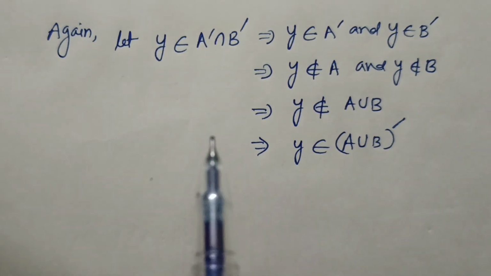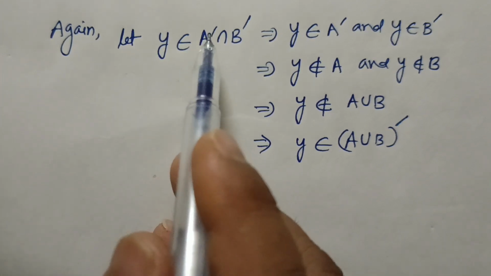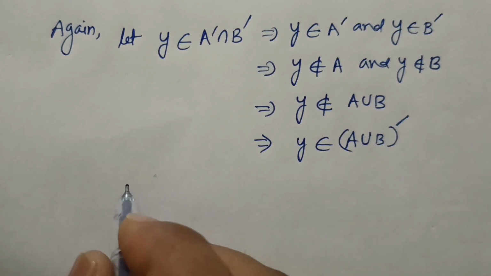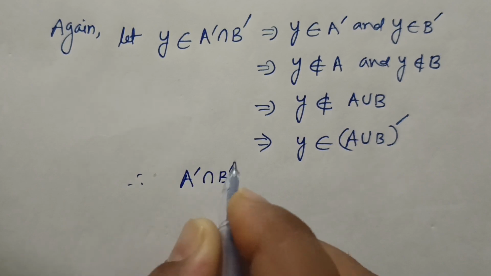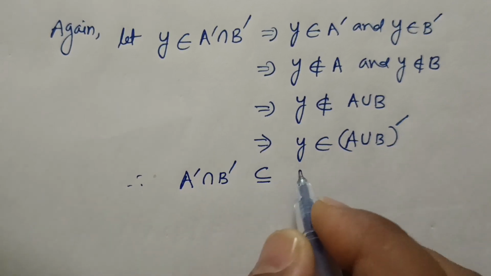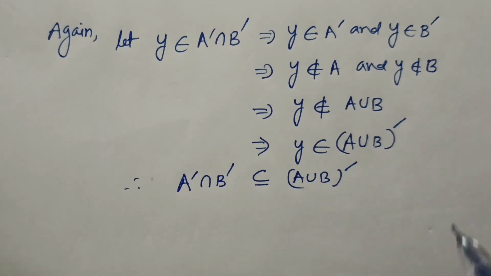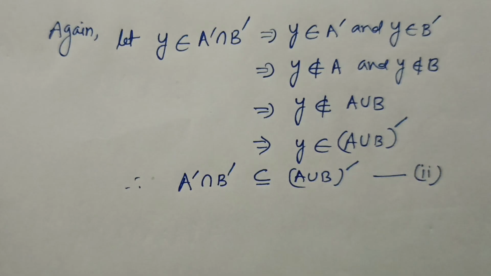So what do you see? Y belongs to A complement intersection B complement and Y belongs to (A union B) whole complement. Therefore, A complement intersection B complement is a subset of (A union B) complement. So you can put equation number 2 for it. So what we see?